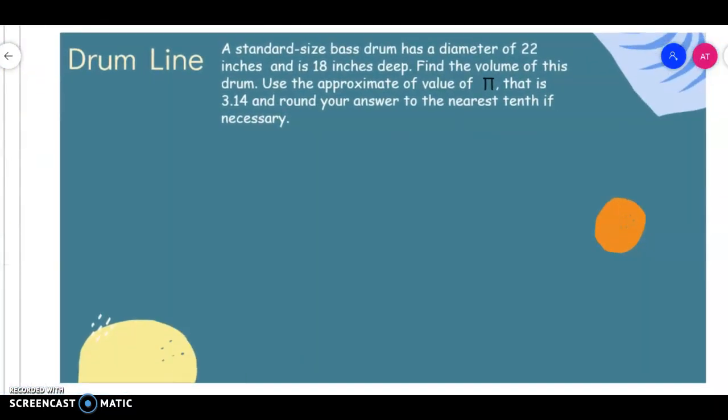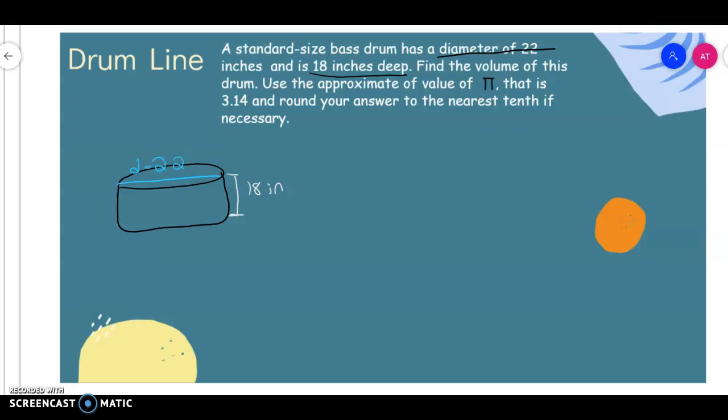Now, sometimes in word problems, you need to be very careful, especially if it's talking about diameter or radius. So it says a standard size drum has a diameter of 22 inches and it's 18 inches deep. When it says something is deep, it essentially means its height. So the height is 18 inches. Now the diameter is 22, meaning all the way across my drum.